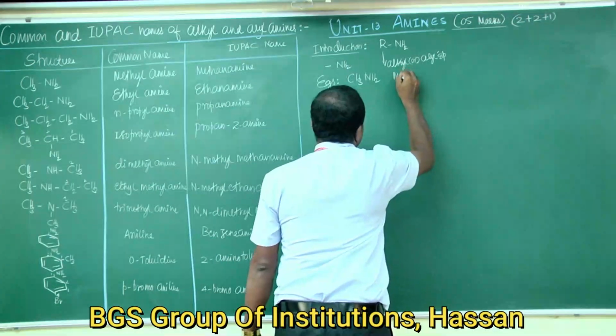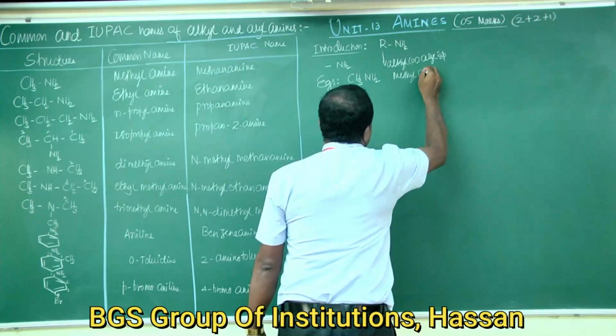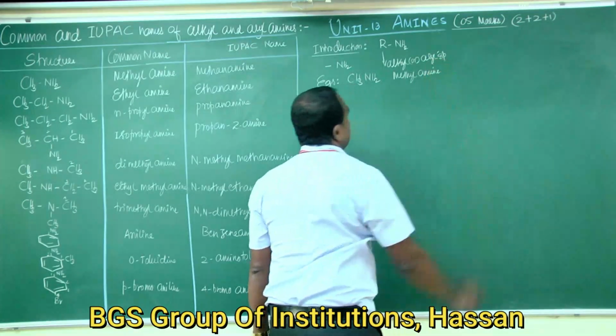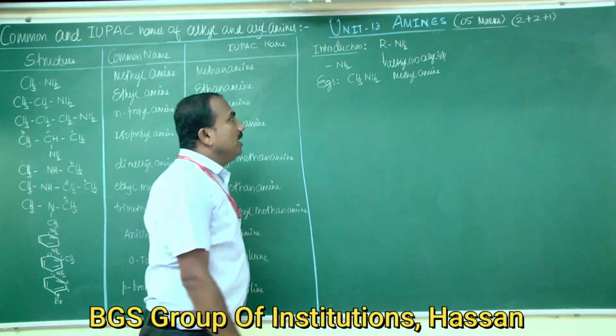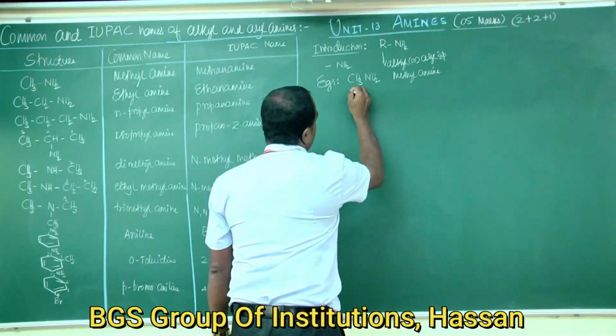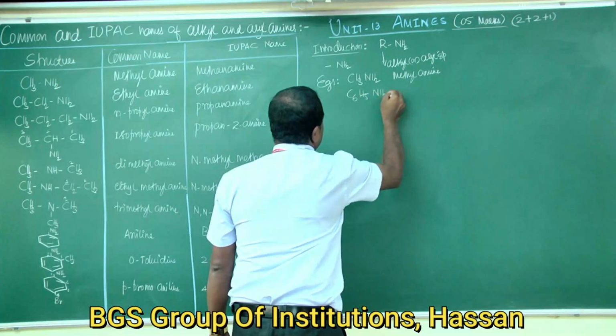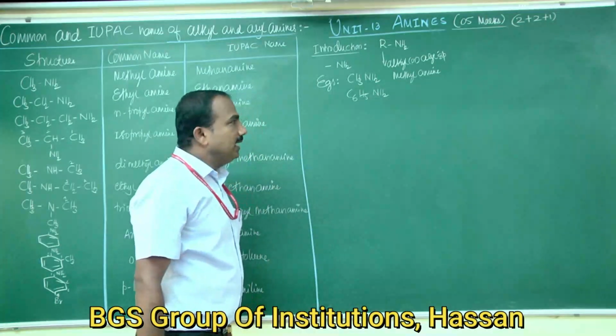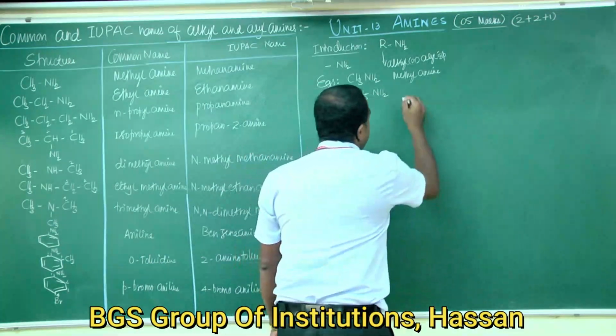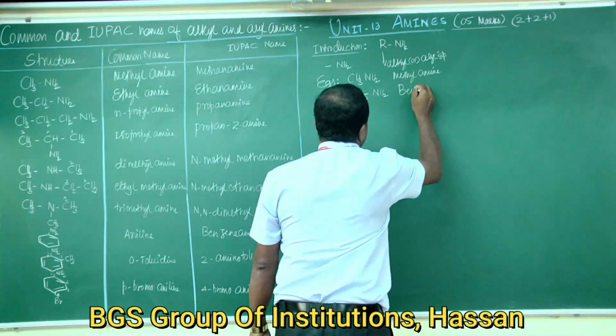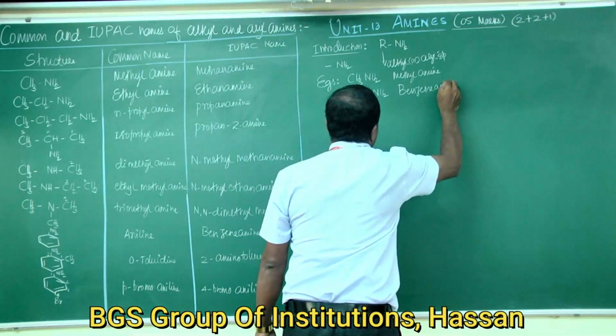Methyl is CH3, NH2 is amine. If you give R as an aryl group, that is C6H5NH2, this is benzenamine.